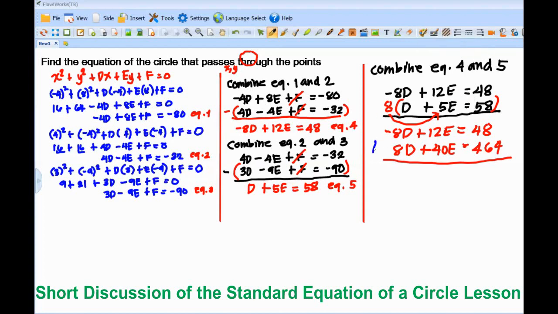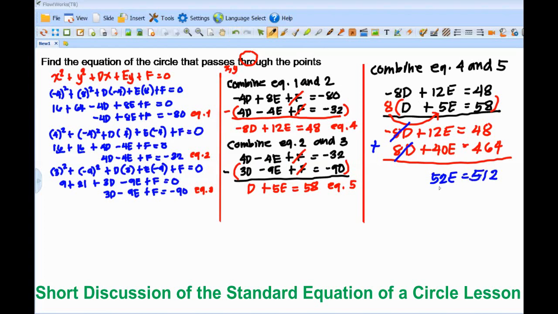We will add, not subtract. Why? Because this is negative 8 and positive 8. If they are unlike signs, you need to add. If they are like signs, you need to subtract. So this will be cancelled now. Then 12 plus 40 will give you 52e, which is equal to 48 plus 464, which is 512.